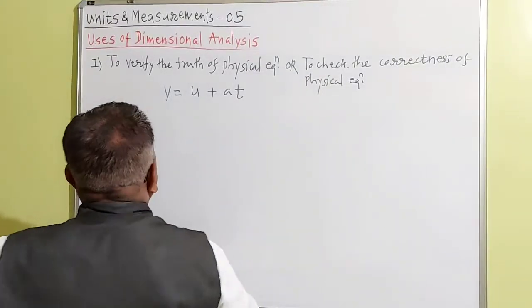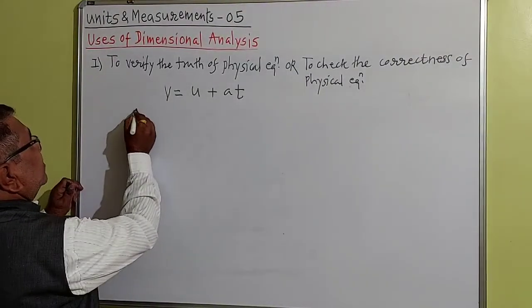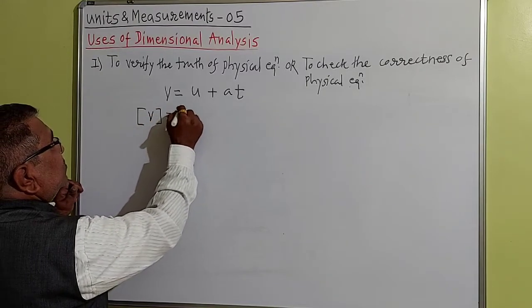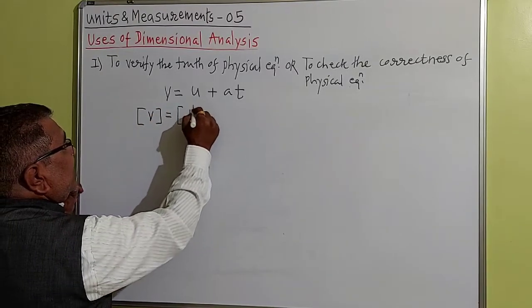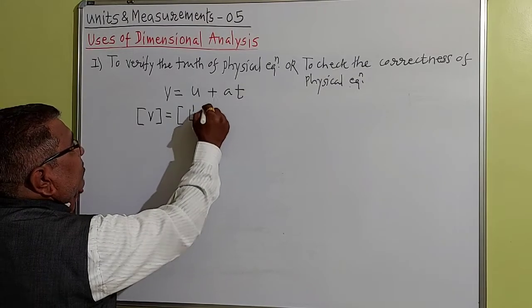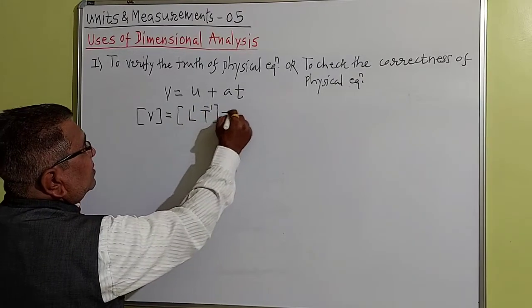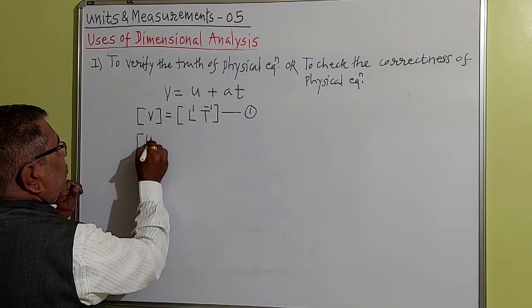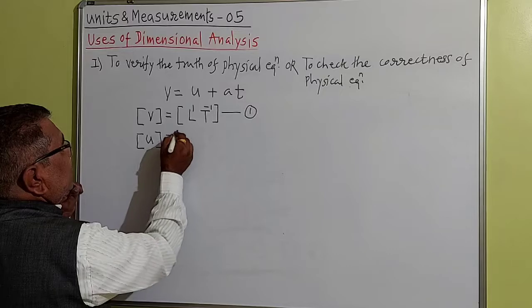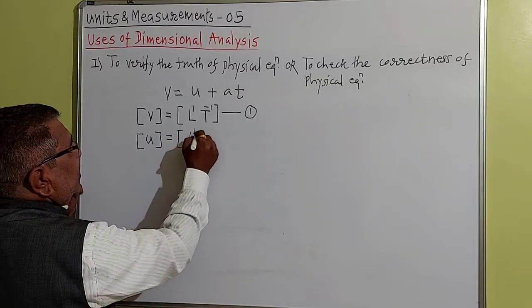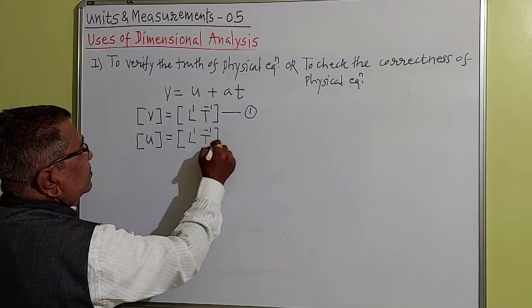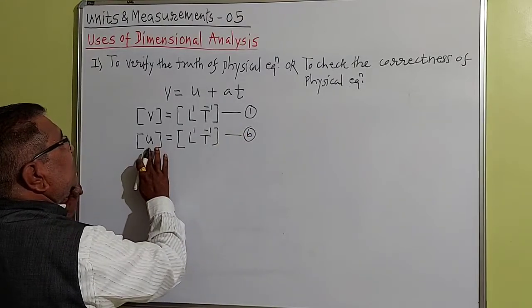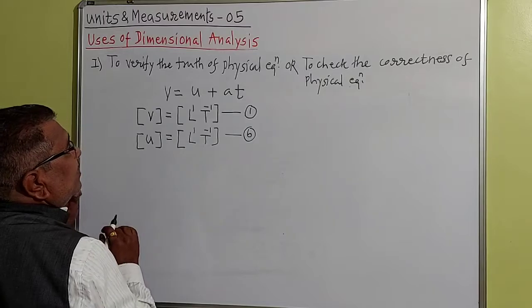Dimension of V is equal to L^1 T^-1. This is equation 1, final velocity. Dimension of initial velocity U is also equal to L^1 T^-1. It may be final velocity, it may be initial velocity, the dimension remains constant.